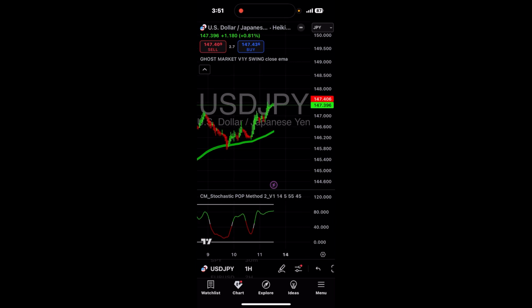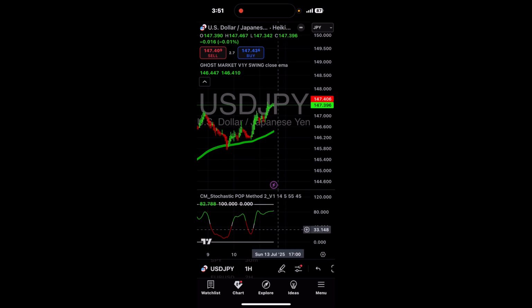So one thing we want to look for, since the trend is going up, going with the trend, is to make sure that this line gets as close to the bottom as possible to enter the trade.